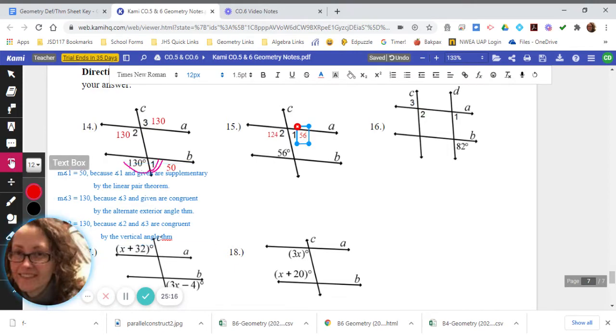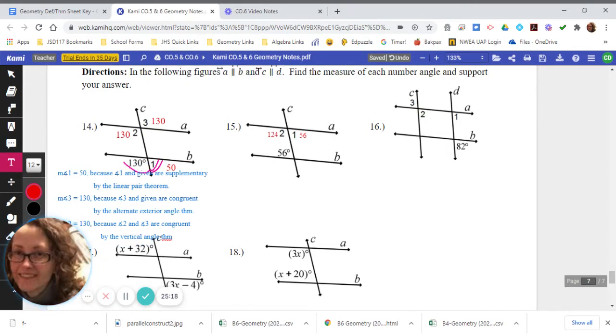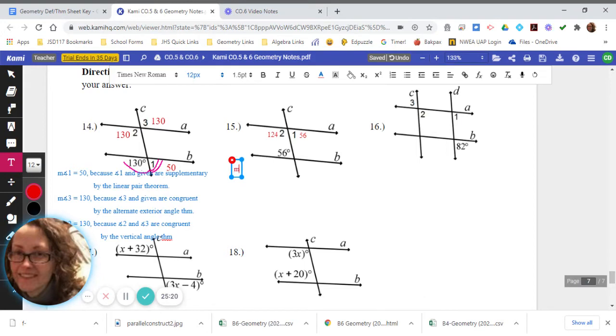So let's go ahead and write our justification. I can say that the measure of angle 1 is equal to 56 because, so that's my answer, and then which two angles am I using?